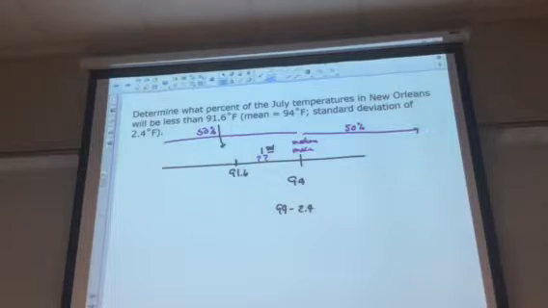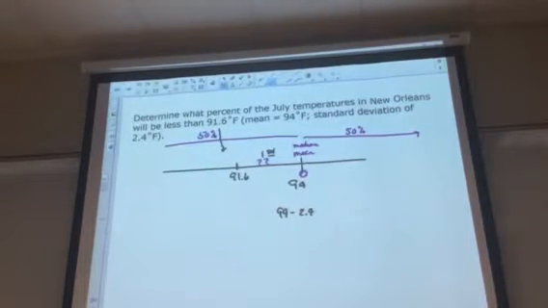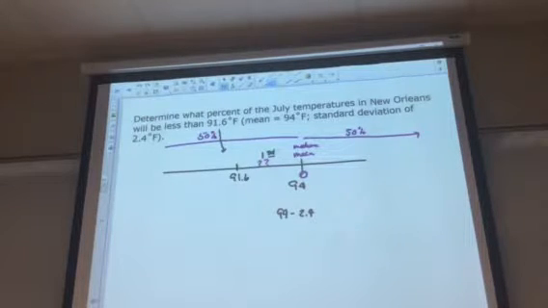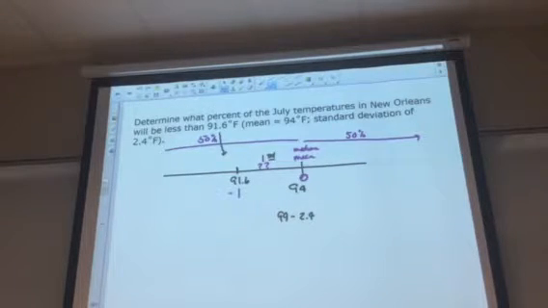What's between 0? Because if you have a z-score of 0, if you have a standard score of 0, you are dead set on the mean. You're right in the middle. And 1 standard deviation below the mean.